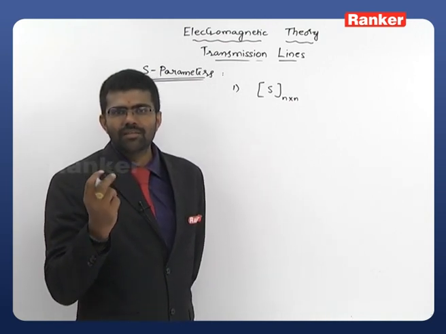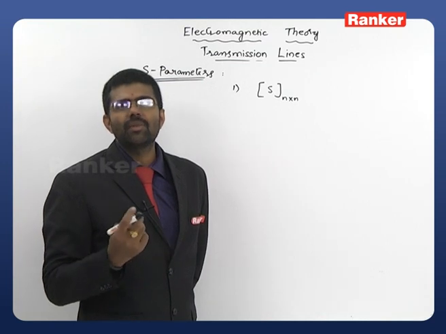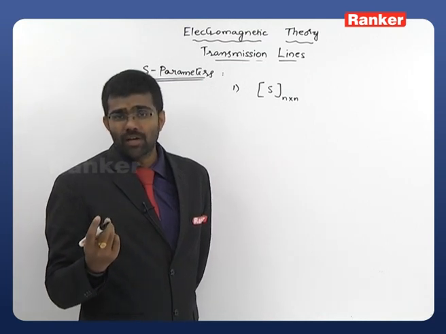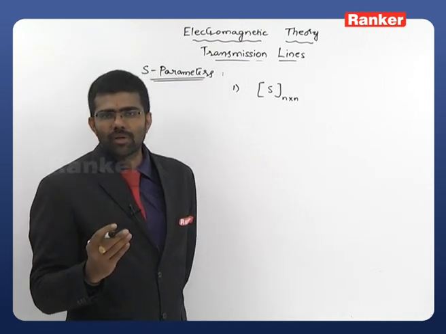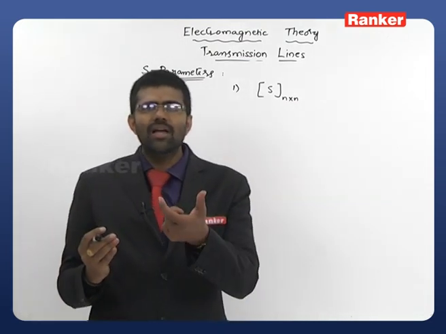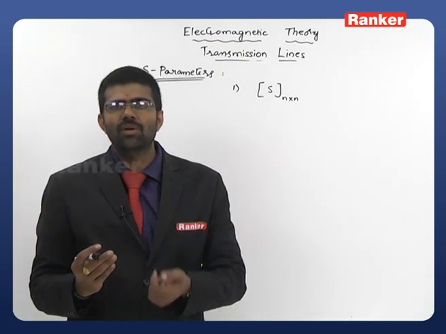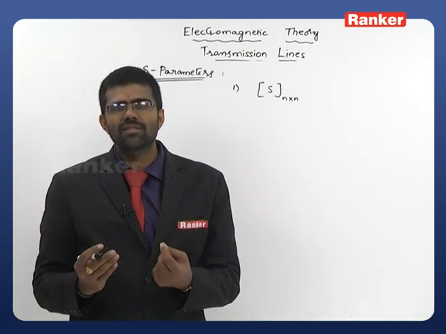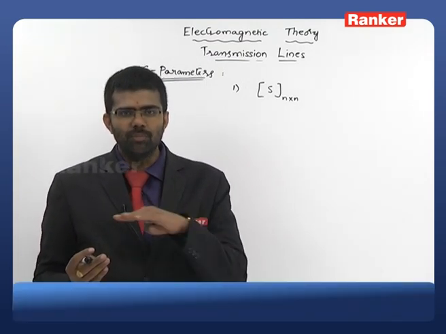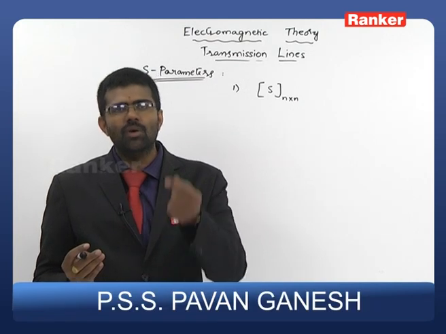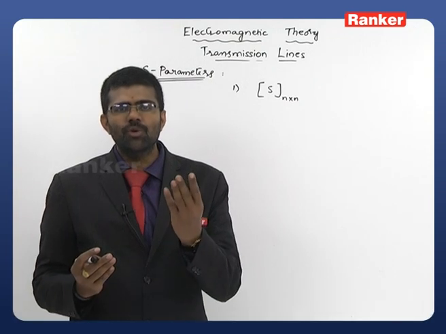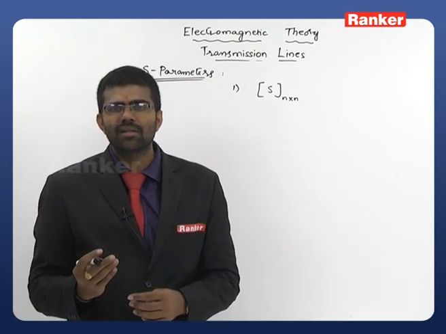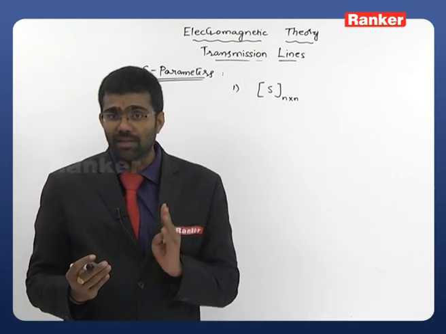As an example, if you are taking a 3-port device, then it is simply 3 by 3. If you are considering a 4-port device, it is a 4 by 4 matrix. I'll give you an example. We have one simple device called the magic T in our microwave devices. That magic T consists of 4 ports. The E-plane T will have 3 ports and one more port will be there apart from that one. So it's a 4-port device. For those 4 ports, if you want to derive the scattering matrix, then you have to use a 4 by 4 matrix.